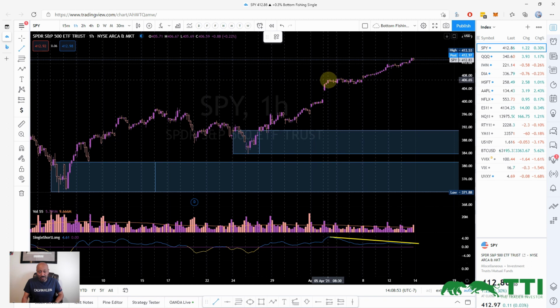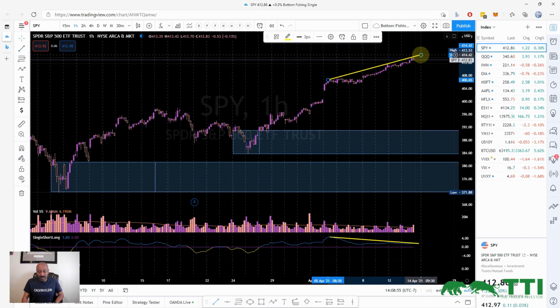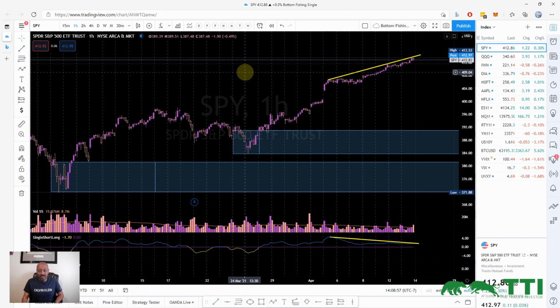I'm just rushing to make some quick short-term positions in and out while the SPY decides if it wants to roll over. It will roll over. I don't know when. So until that happens, we just want to take quick advantage of the opportunities that are presented to us.